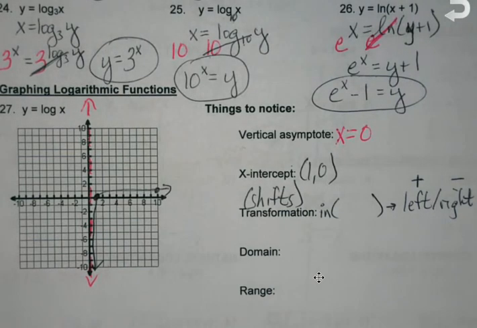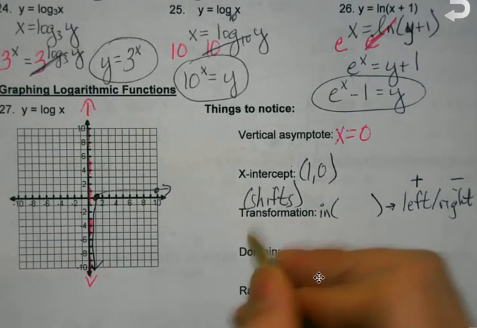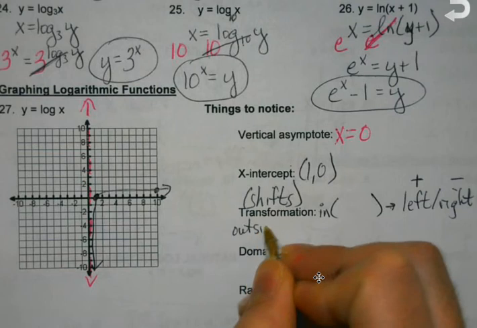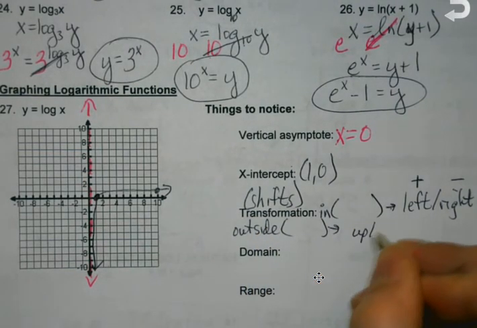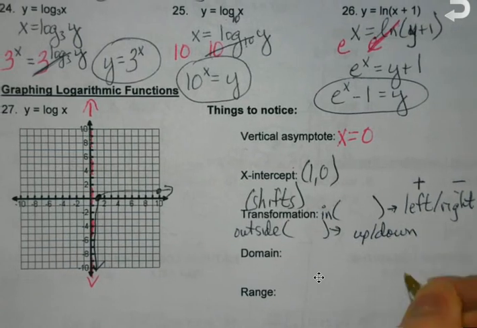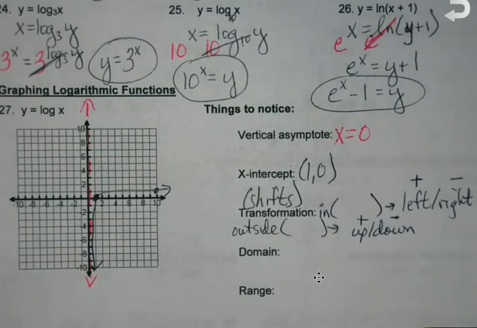Because the actual form is x minus h. If it's like 29, where the plus or minus is outside of the parentheses, that's going to be my up or down shift. Up being plus, down being minus. Okay? So we can have an idea of where the graph should be going before we start doing it.